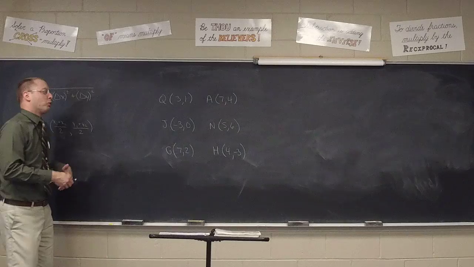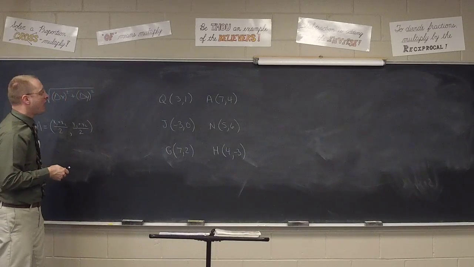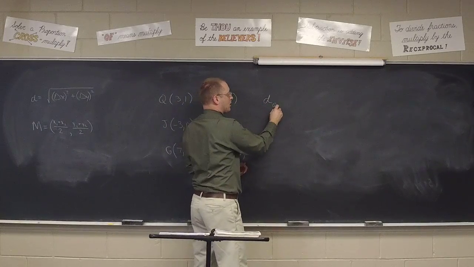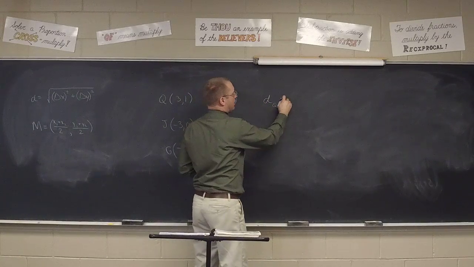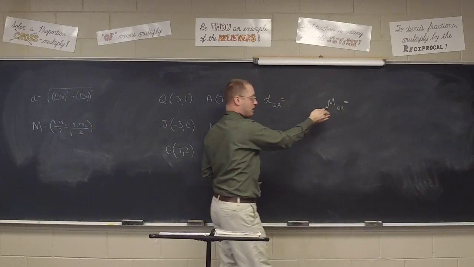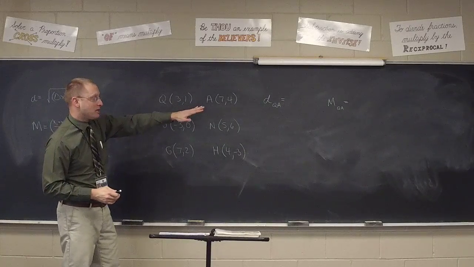So if we had a couple of randomly named points like Q and A, doesn't stand for question and answer. If I wanted to find the length of QA, this is how we notate it, remember, D sub QA. If I wanted to notate the midpoint of QA, we would do capital M sub QA. And that would be to find the length or distance of line segment QA and the midpoint of QA.